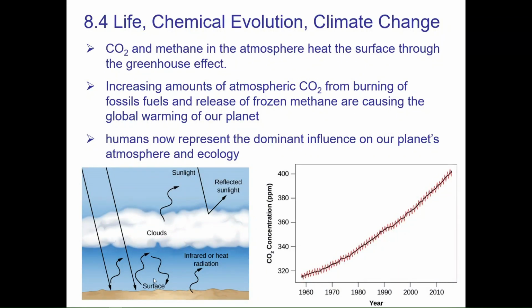You can imagine that on the Earth's surface, if we have no blanket, no greenhouse gas, we have no way to keep the heat close, so we'll have a very cold surface temperature. However, if the blanket is too thick, the Earth's surface will be too hot. So we really need the greenhouse effect, but we just need it at the right level.